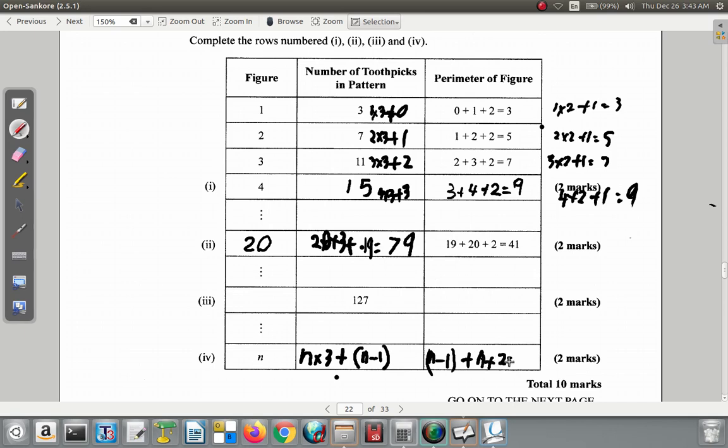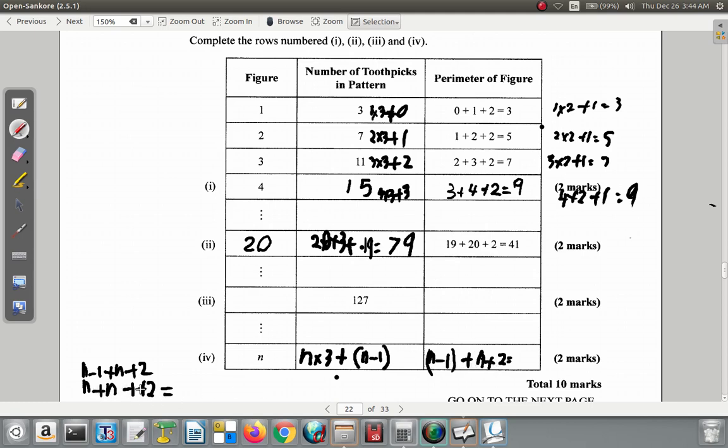Alright, n minus 1 plus n plus 2, when you put like terms together, so this would be n plus n minus 1 plus 2 for this.